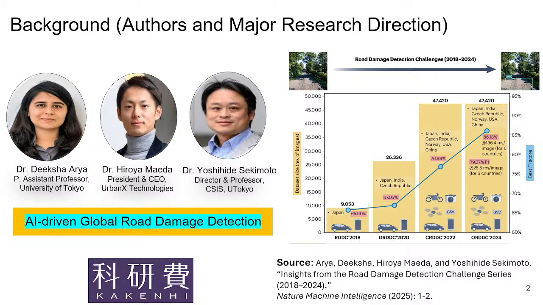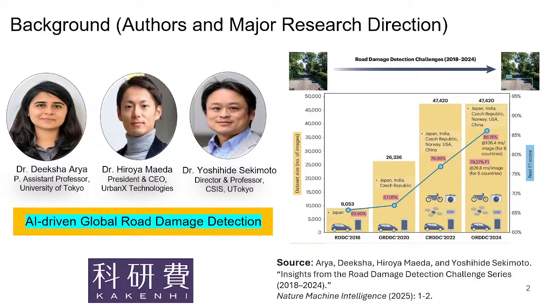During this process, we released several open datasets. If you are working on a similar project, you may explore the RDD datasets, which have large-scale annotated images of road damage instances from multiple countries.